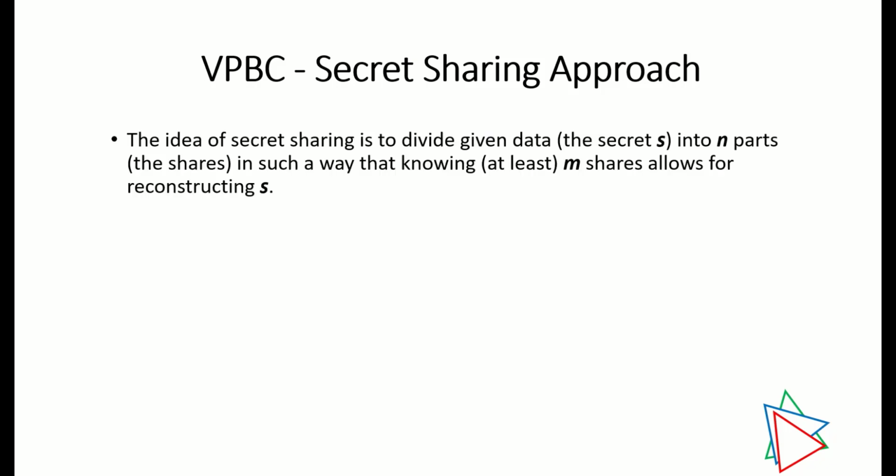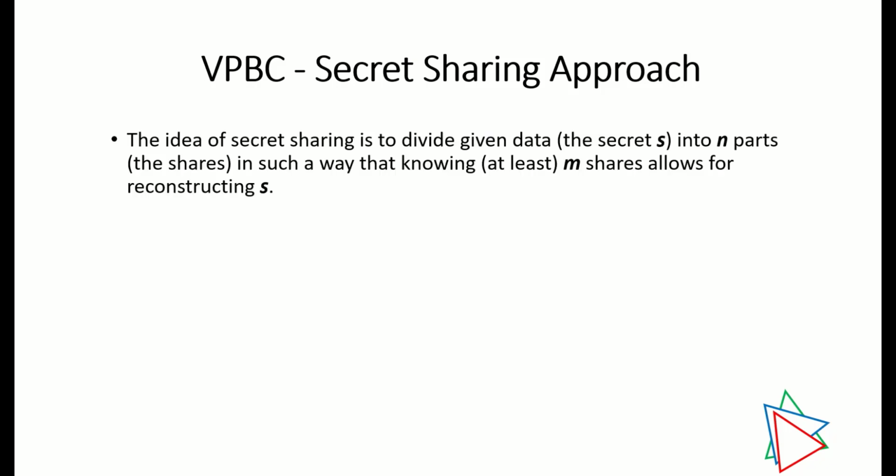So we'll now be considering the secret sharing approach of the VPBC architecture, and we'll expand on the basic approach explained on the previous slide. The precise cryptographic scheme underlying the VPBC architecture developed in this paper is the technique of secret sharing.